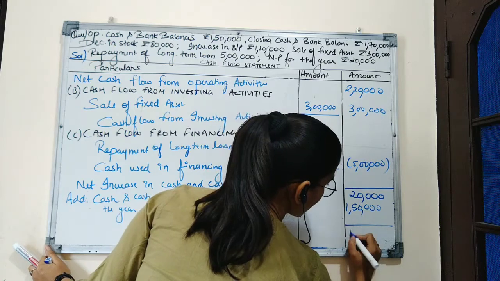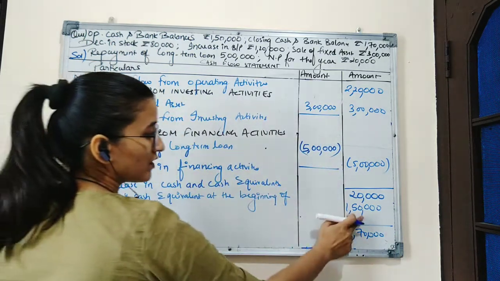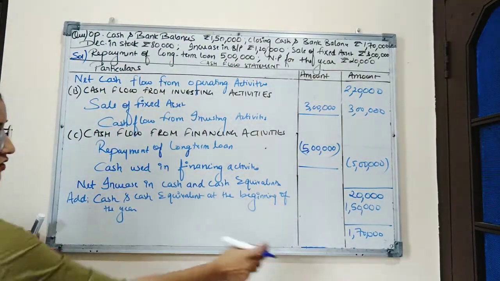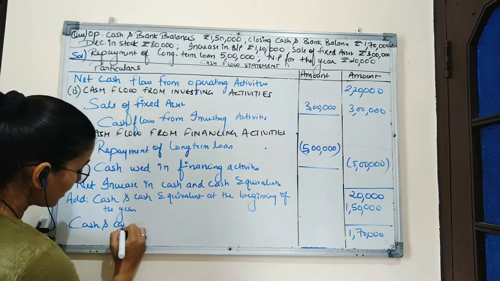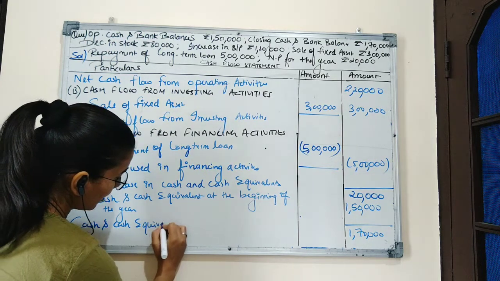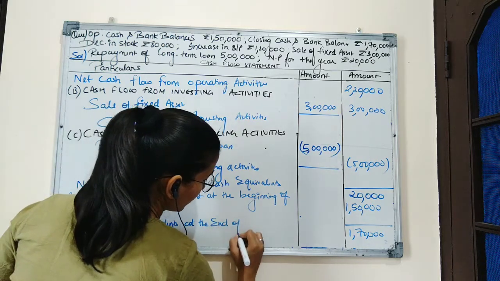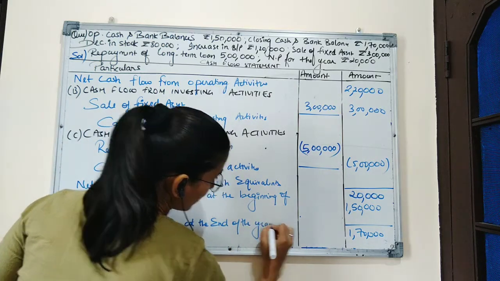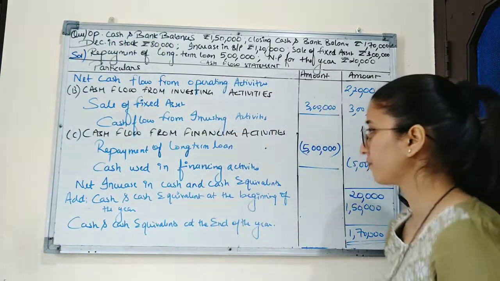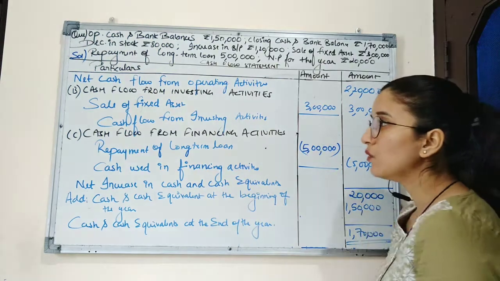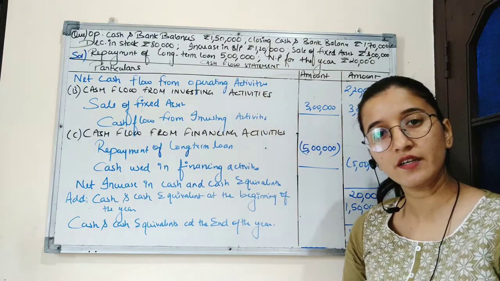The amount we will get is 1,70,000 by adding 1,50,000 to 20,000. So this amount is considered as cash and cash equivalents at the end of the year, which is 1,70,000. So this is how the question based on cash flow statement from all the three activities is solved.